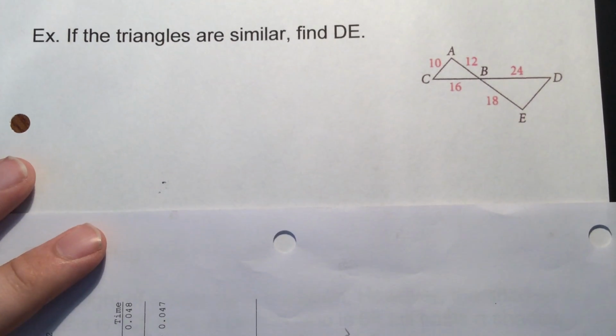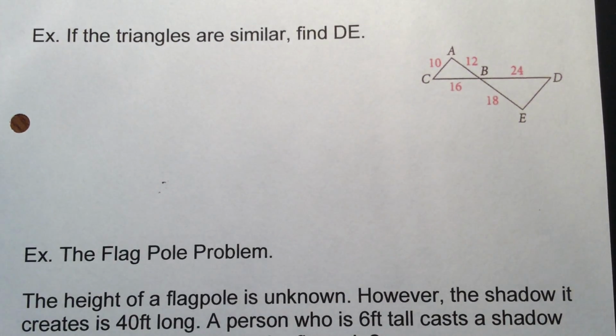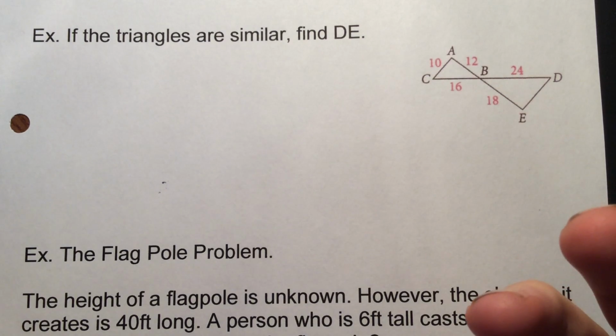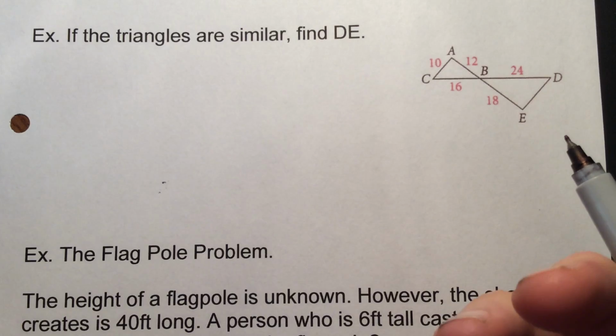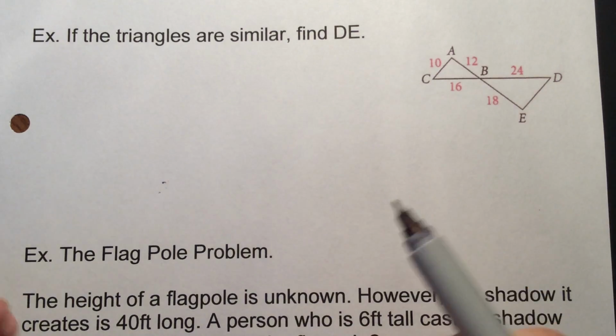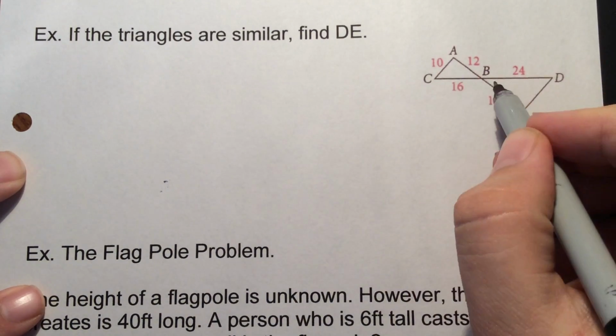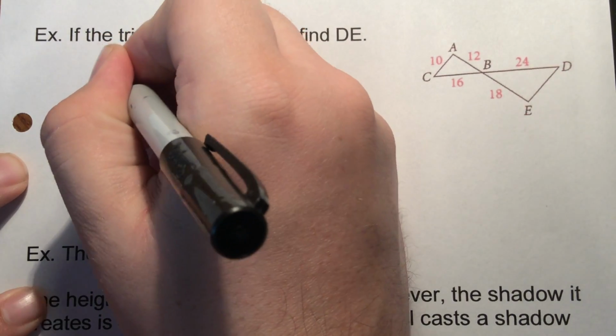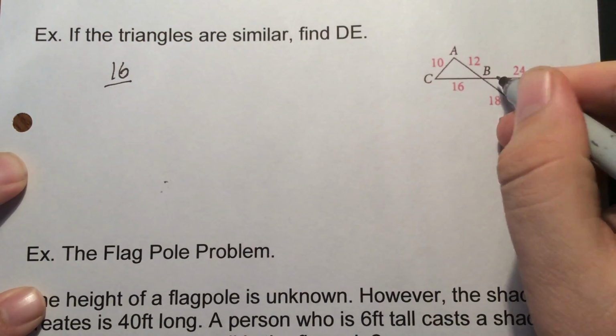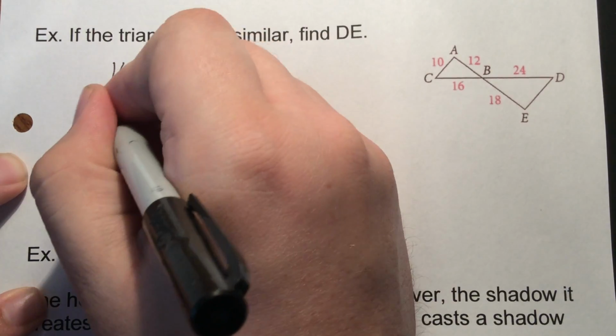If the triangles are similar, find DE. Well, in order for these to be similar, what do you know? All of the corresponding sides have to be proportional, so we can start matching things up. So bottom side here of 16, bottom side of the other one would be 24.